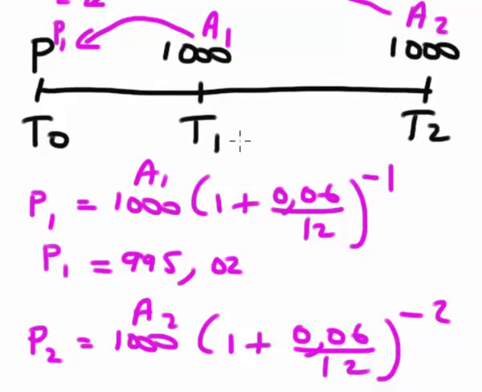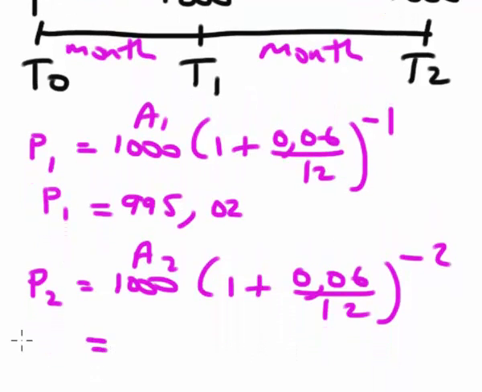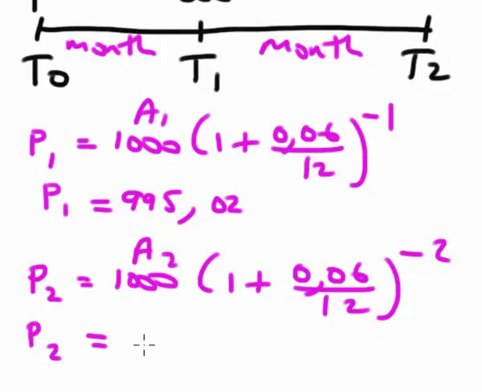Remember, this is not years, this is months. If you work this out, the value of the loan P2 would be 990,07.